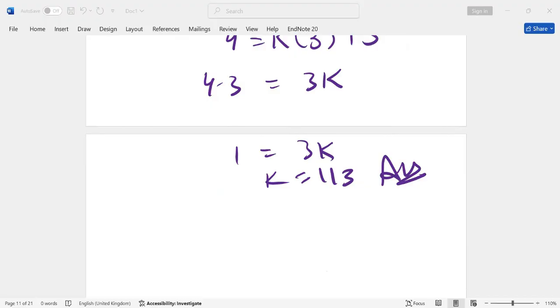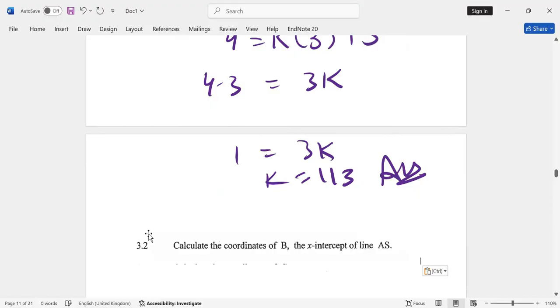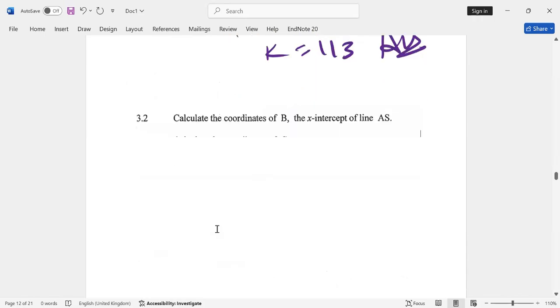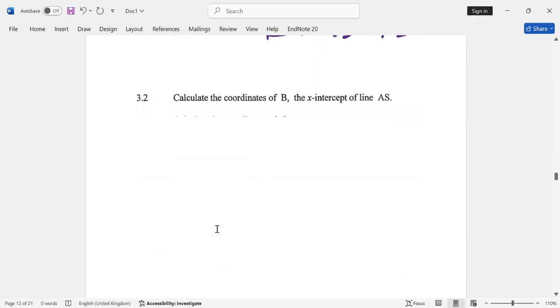So the next question is question 3.2. Calculate the coordinates of B, the x-intercept of line AS. Okay, so the line AS is the same as line AB.